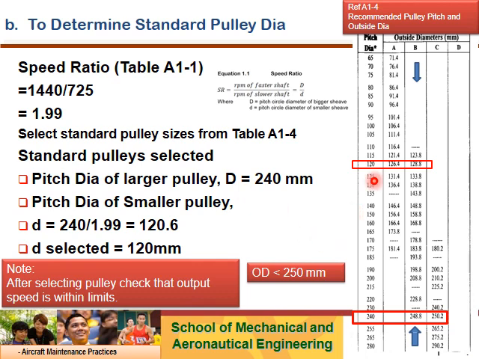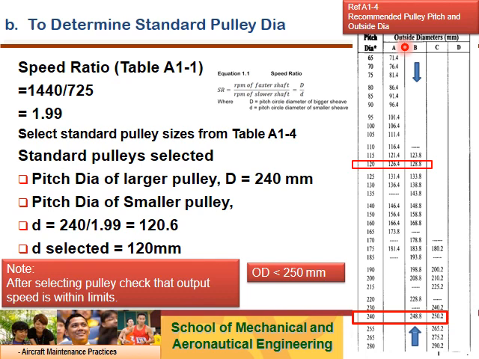Determine standard pulley diameter. Can you go to A1-4 of your appendix, page A1-4. If you're at A1-4, on the left hand side you will see this chart talking about pulley pitch and outside diameter recommendation.